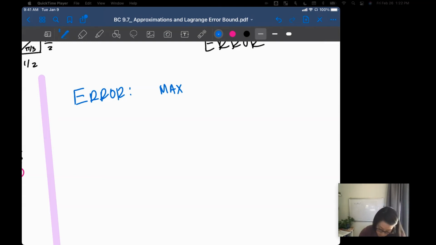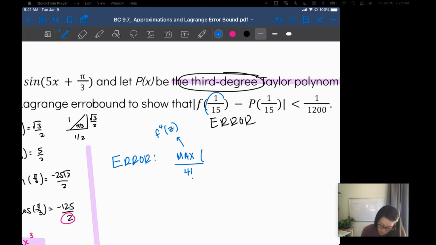So this would be the fourth derivative of f evaluated at z, over 4 factorial, times x sub naught, what we're evaluating is 1 over 15, minus 0, because that's x sub naught and c, all raised to the 4th power.